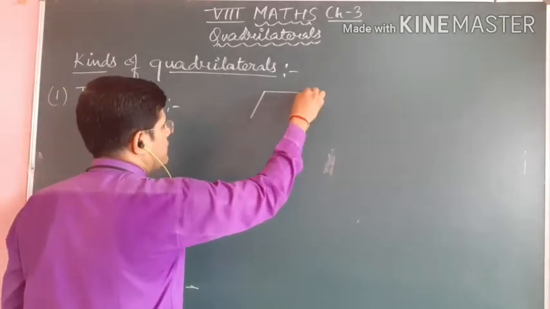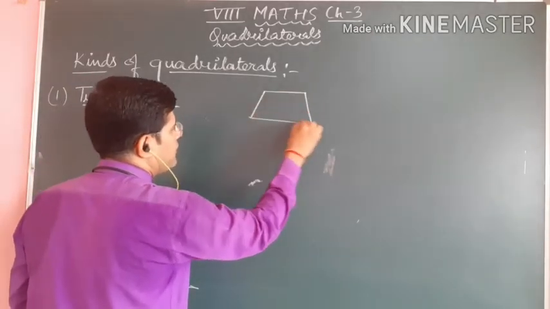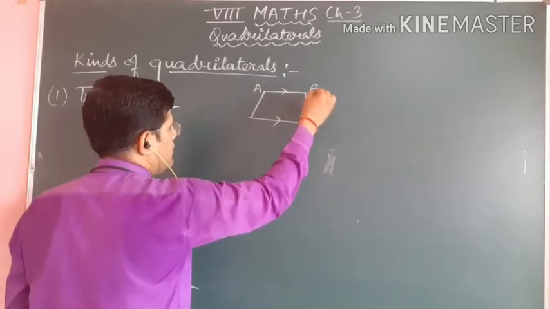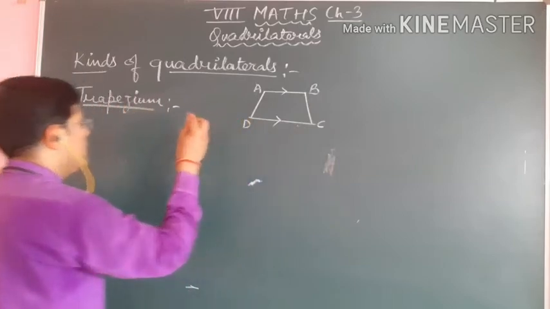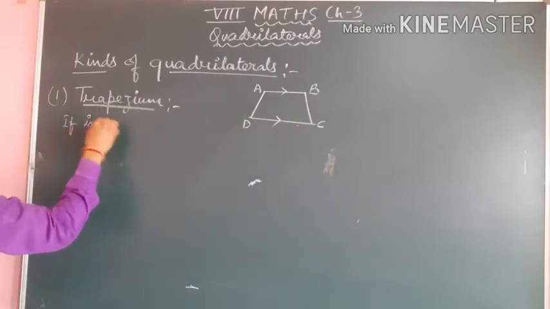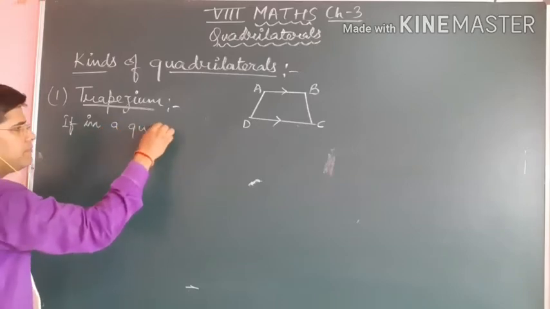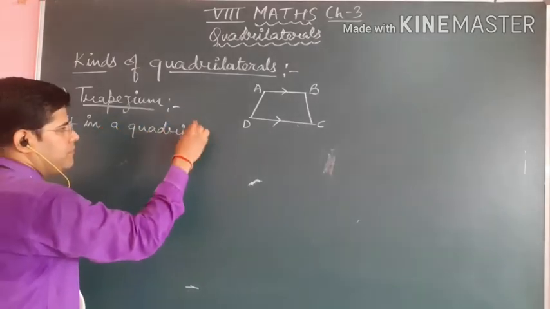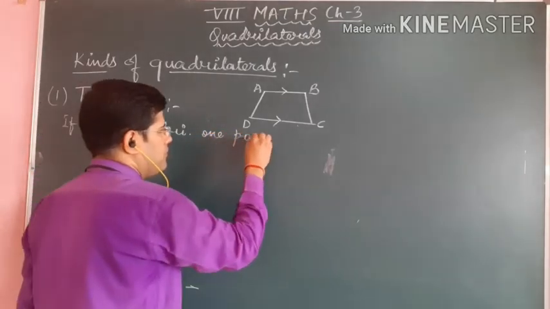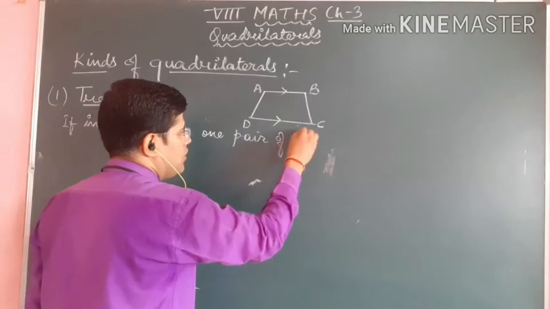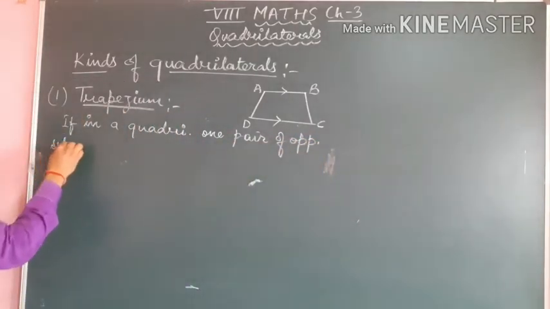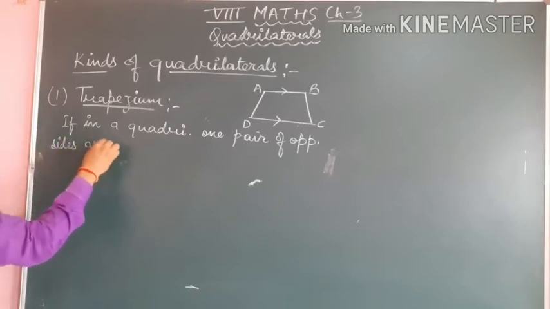If in a quadrilateral, one pair, only one pair of opposite sides are parallel.